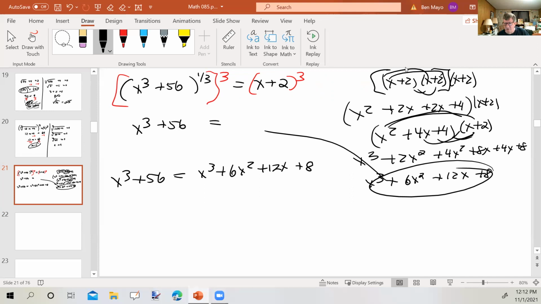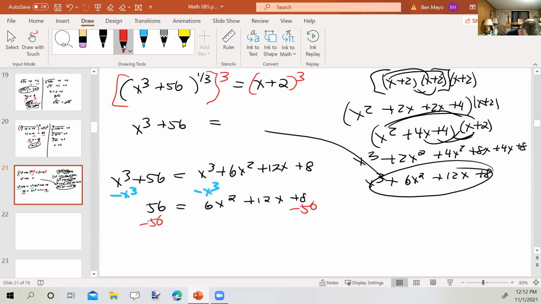Fortunately, you can stop this video and back it up if you need to. This is a third degree equation, but if I subtract x cubed from both sides, I get 56 equals 6x squared plus 12x plus 8. So now it's a second degree equation. I'm going to subtract 56 from both sides, and I get 0 equals 6x squared plus 12x minus 48.